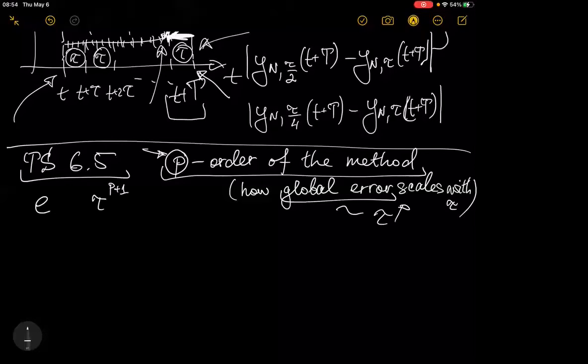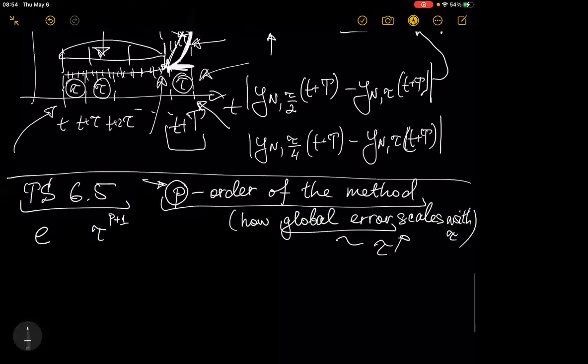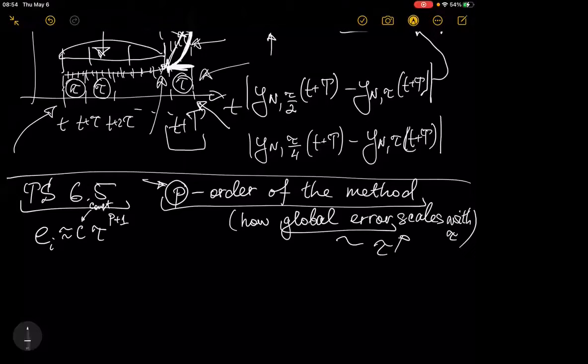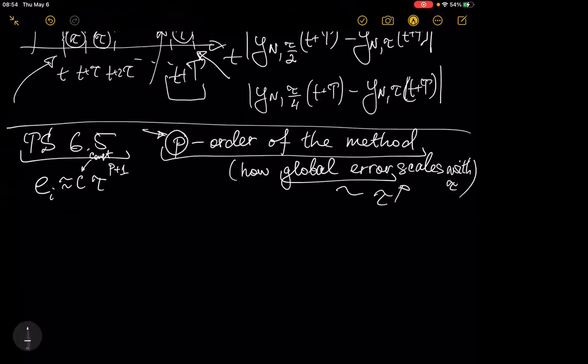Yes, exactly, plus 1. Okay, so let us say we are considering a variable step size, and then locally the local error on the step i will be the following: C, some constant, times tau to the power P plus 1, right? Okay.